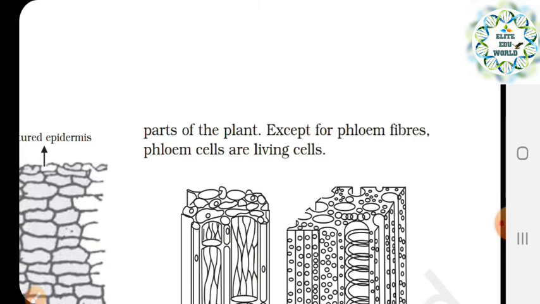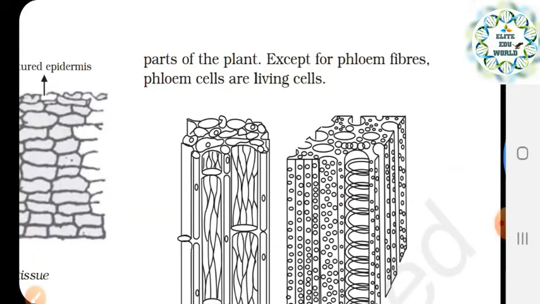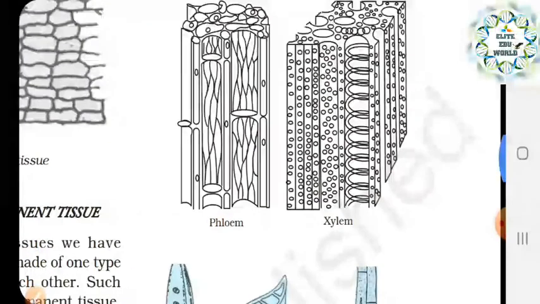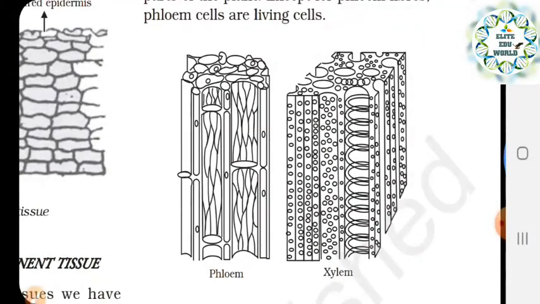Other cells in the phloem are living cells. Why is there a need for living cells? Because they need to transport material or food from one part of the plant to another, so they need active, living cells.